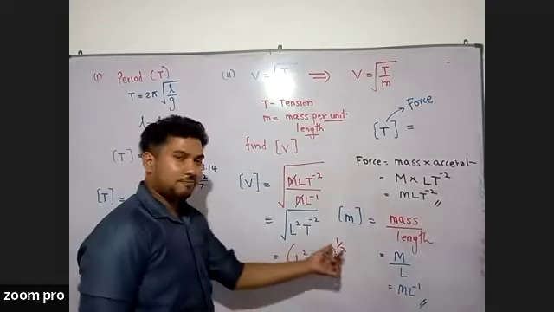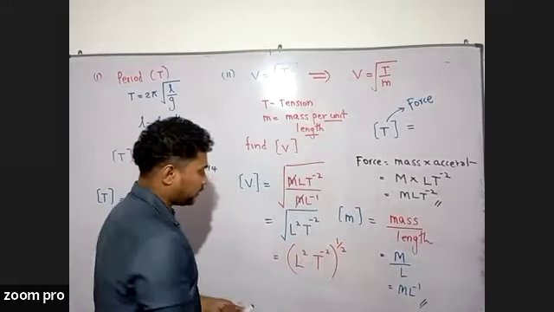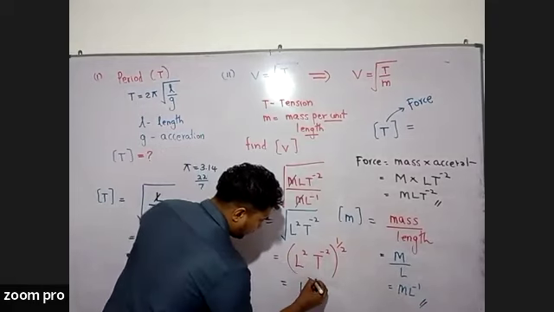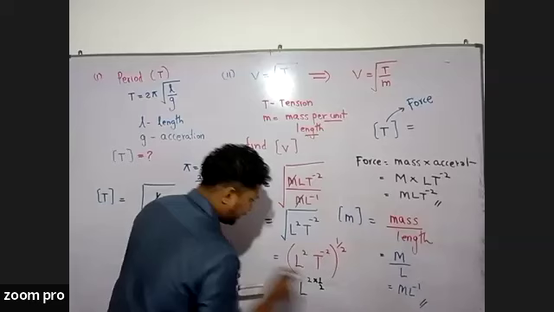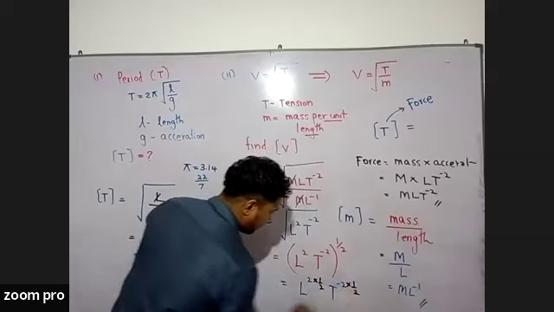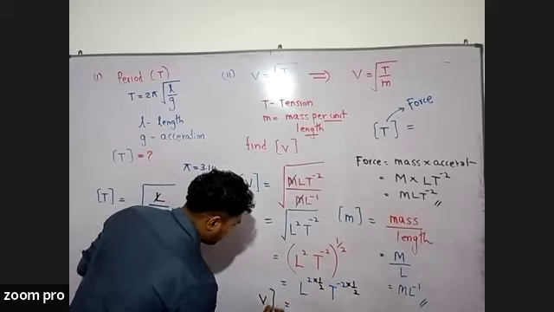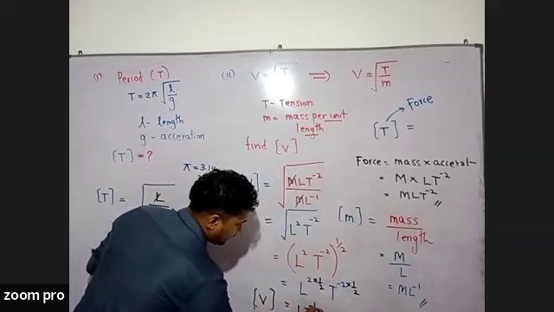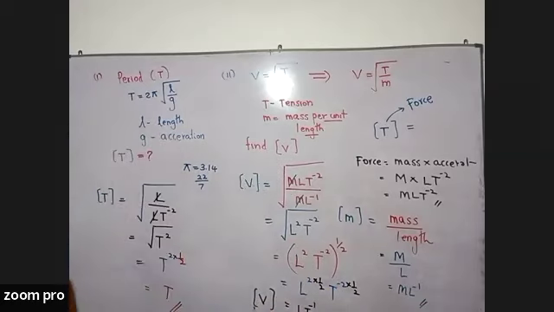This half power applies to both, so this can be written as L into half, T minus 2 into half. So the answer, the dimensions of V, is LT minus 1. Okay, so this is the answer for the dimensions of V. Just raise your hand if you got these answers.